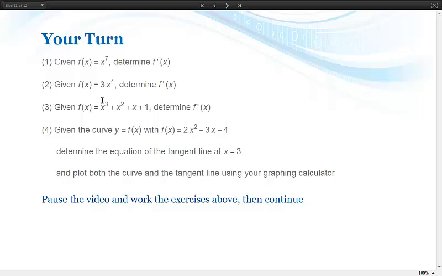Find the derivative of this polynomial, x cubed plus x squared plus x plus 1, and then use our definition of the derivative of a polynomial to compute the tangent line on this curve, y equals 2x squared minus 3x minus 4, at x equals 3. And then use your calculator to plot the curve and the tangent line, and verify your results. So I'll pause the video here and you can do the work.